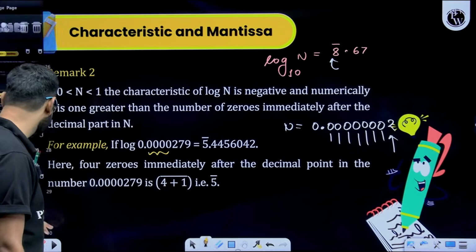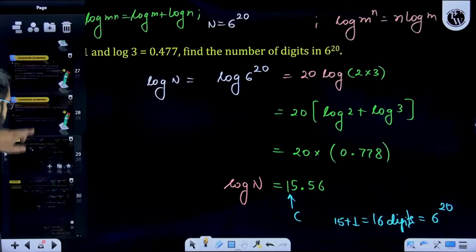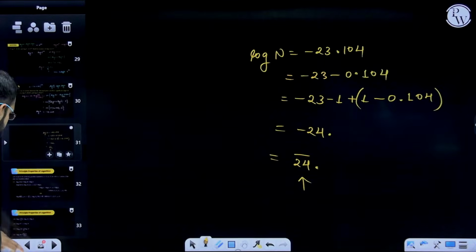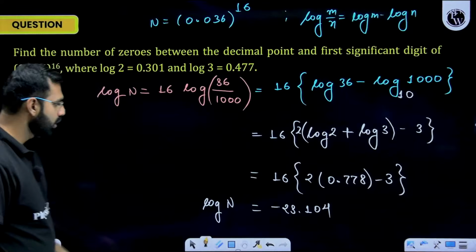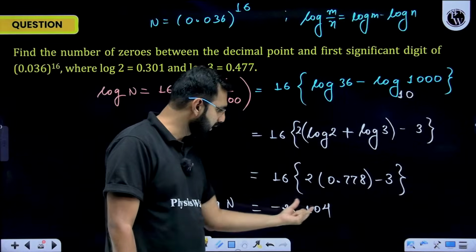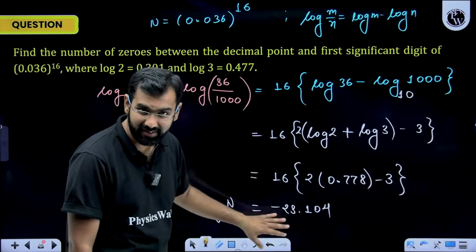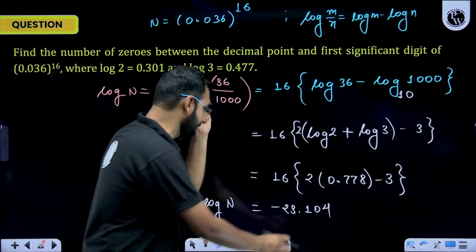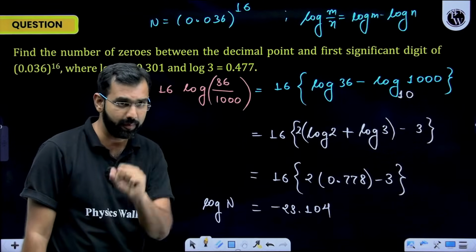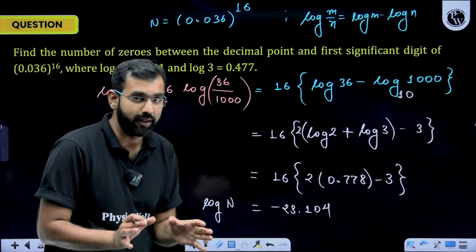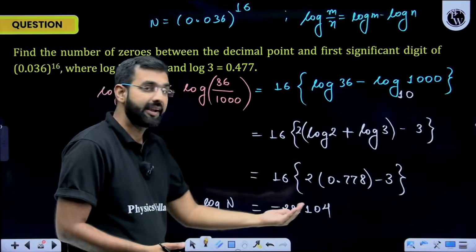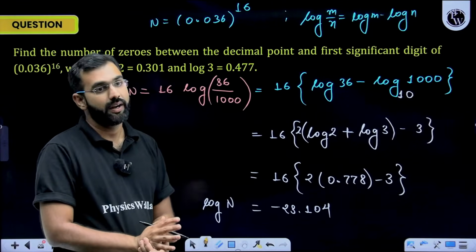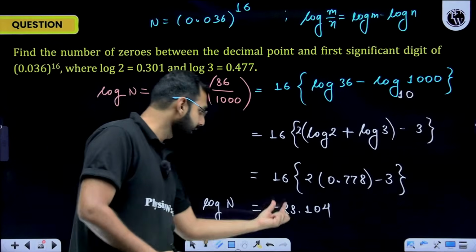That's what I'm trying to make you understand. If this was the number, log of n, which is minus 23 point something, its characteristic is going to be 24 because I'll keep the mantissa positive. Numerically, it will be 24. With that 24, I do minus 1, and I get back to 23.